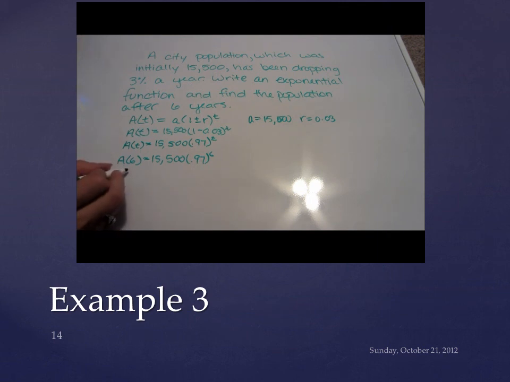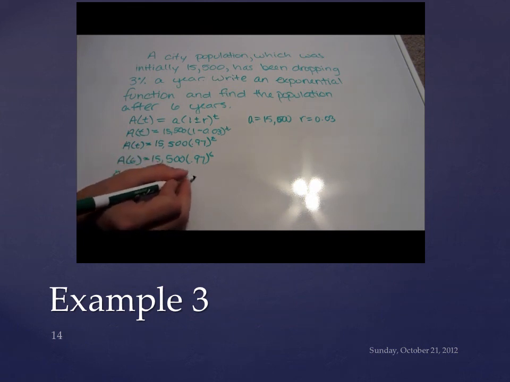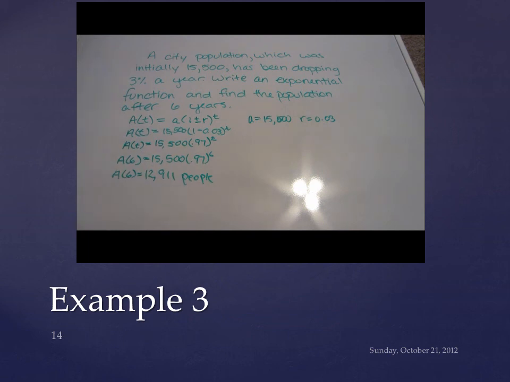And when we simplify that, we get A of 6 is 12,911 people. So the population has gone from 15,500 to 12,911. It's dropped almost 2,500 people.